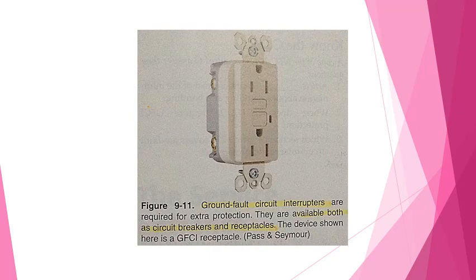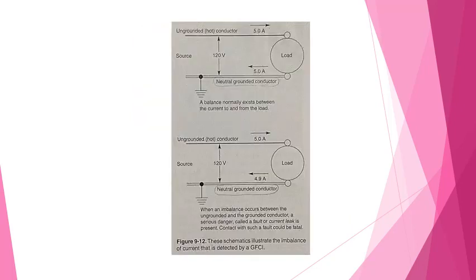Normally, the current going to the appliance along the ungrounded wire, and the current returning to the source along the white or grounded neutral conductor, are equal. See figure 9-12.